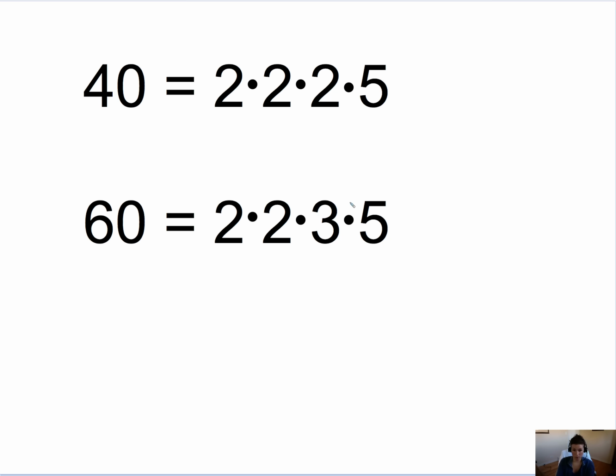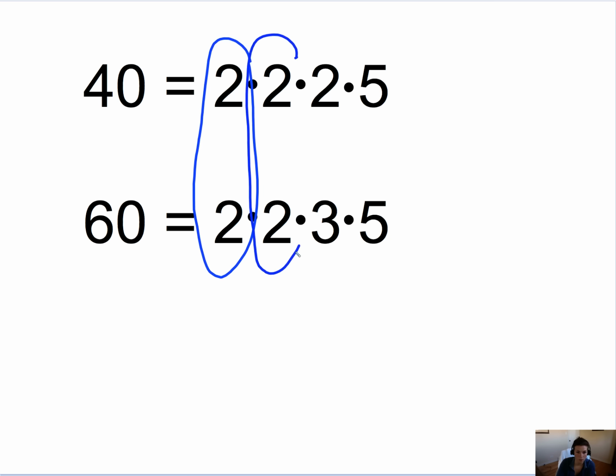Because now in order to find the greatest common factor, what we have to do is figure out what these have in common. So whatever matches, I'm going to circle. Okay, so they both have a 2. They both have another 2. This is a 2. There's no more 2's for the 60, so I don't circle that one. This is a 3. There's no 3's for the 40, so I don't circle that.